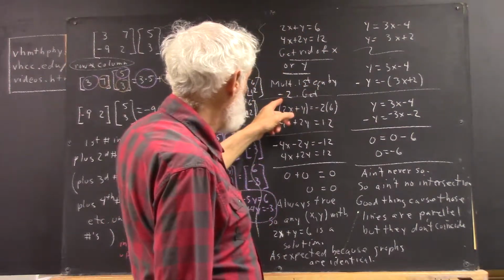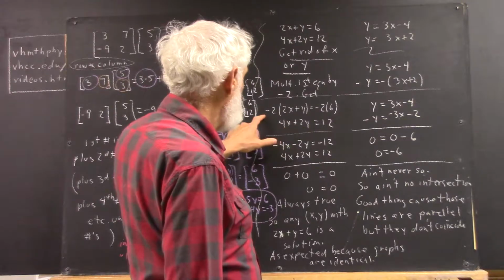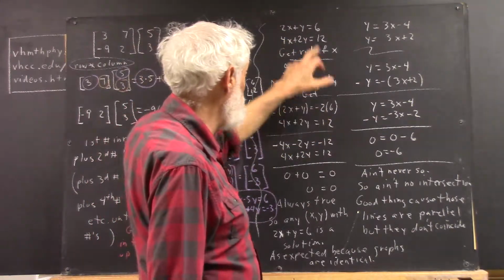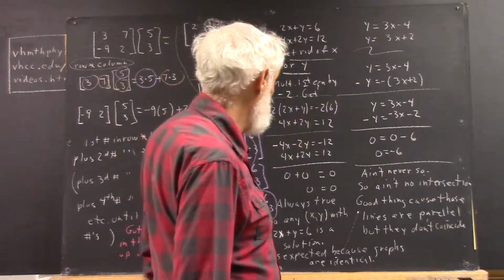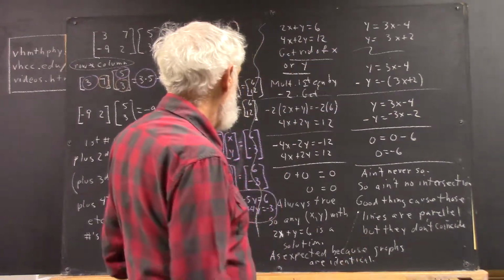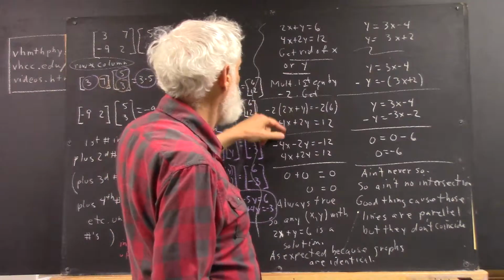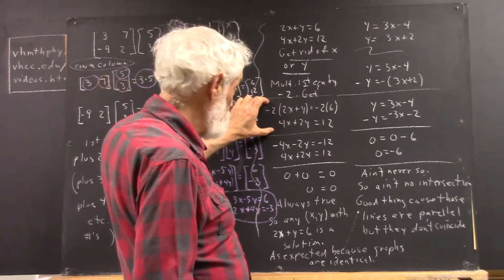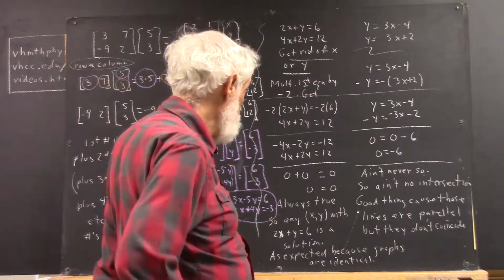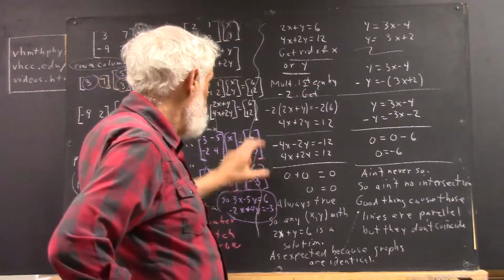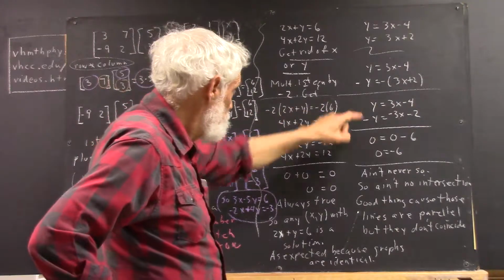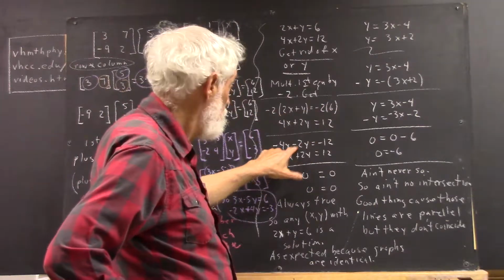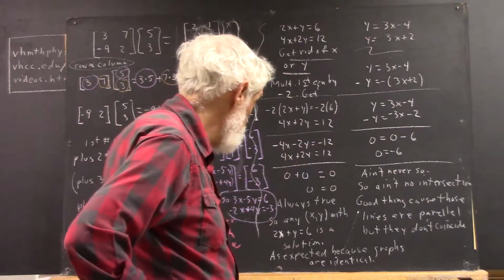We multiply the first equation by -2. We just put the -2 in front of the left-hand side and the -2 in front of the right-hand side, and then we simplify. There's our system. All we've done is multiply both sides of the first equation by -2. We get -4x and -2y, and -12.